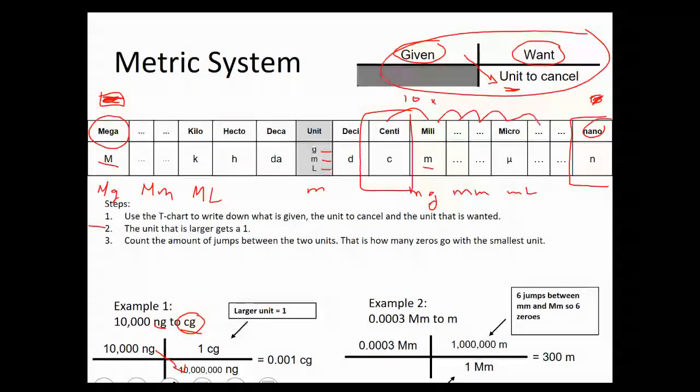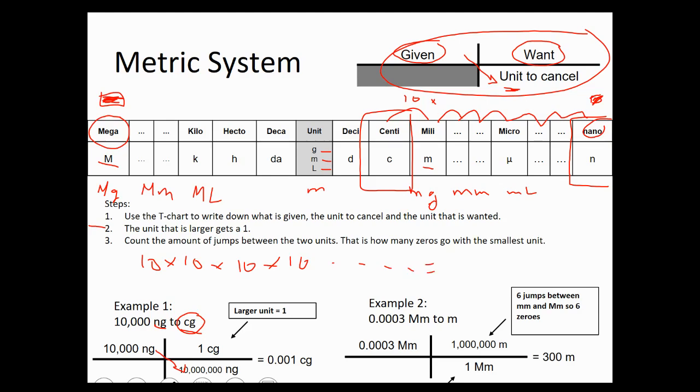So if we count the steps, we would see that we have 1, 2, 3, 4, 5, 6, 7 steps. So if each of them is larger than the next by a magnitude of 10, you could do 10 times 10 times 10 times 10, 7 times, right?